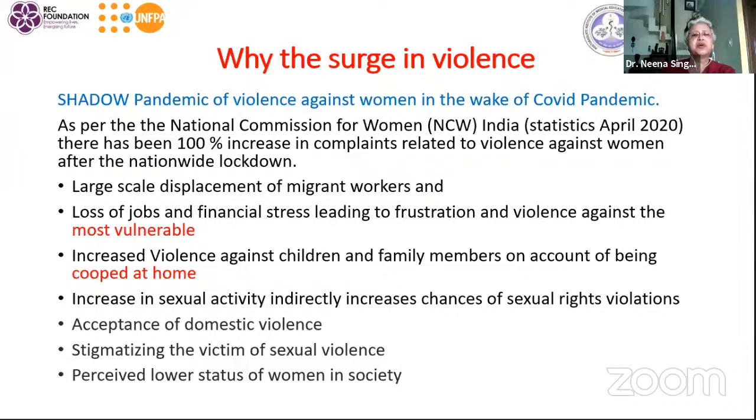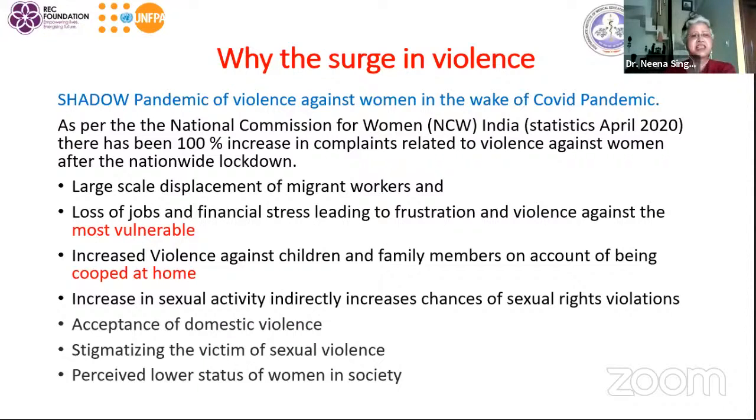Increased violence against children and family members on account of being cooped up at home most of the time. Many a times it happens that the male member of the family does not have a job, but the female has a job. So his ego cannot take it, and just to show control, this takes the form of sexual violence. Increase in sexual activity indirectly increases chances of sexual rights violations.